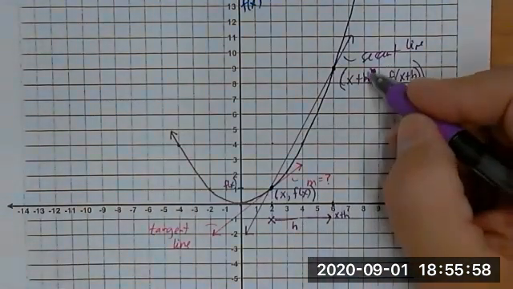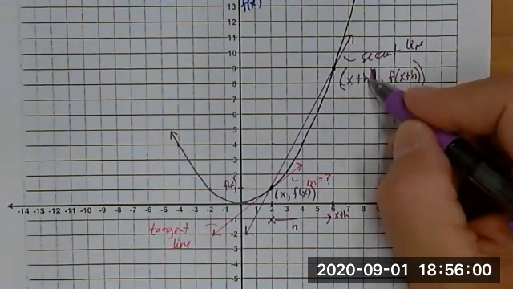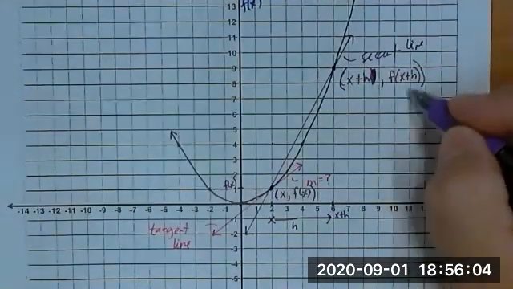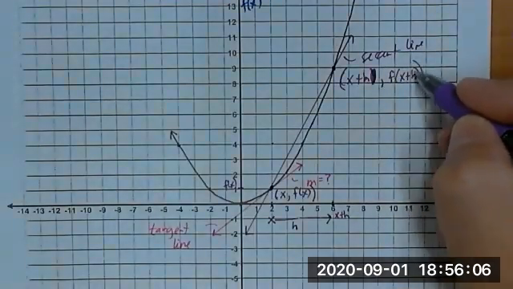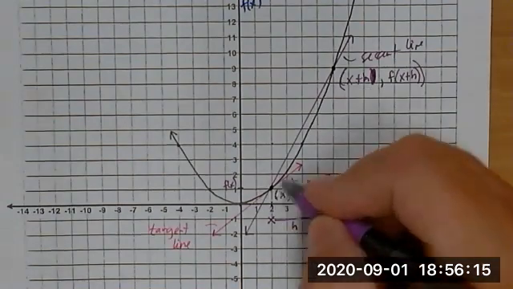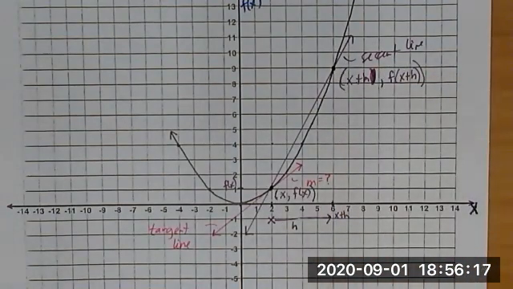So my value of x is x plus h. And the y value in function notation is always f of whatever my x is. So this is f of x plus h. Now the big question is, now that I've got these 2 points, let's calculate the slope.